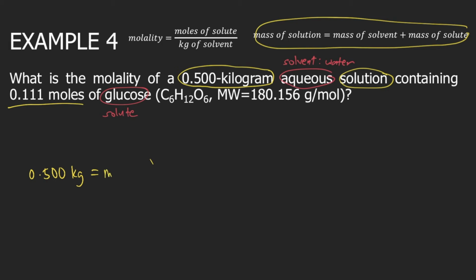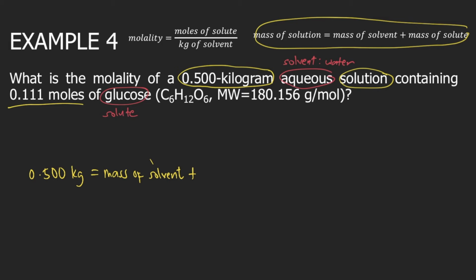We don't know that yet, so just write mass of solvent plus mass of solute. Take note that in the problem, we are given the moles of glucose. So we need the mass of glucose.